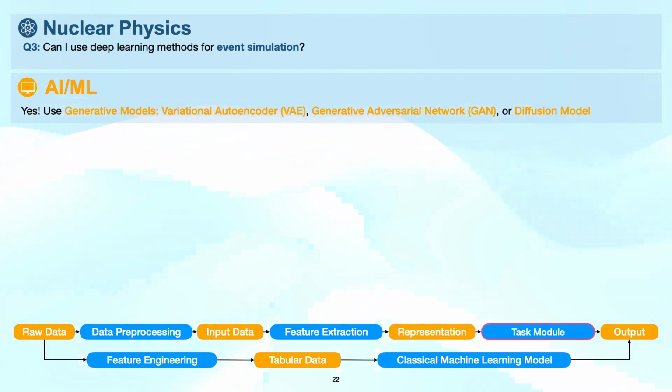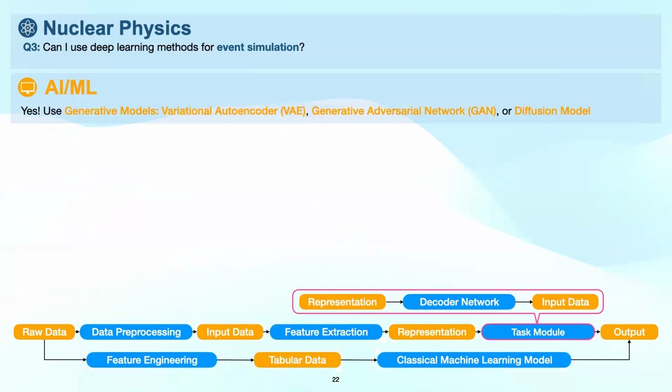But if we want to do event generation, we want to do something kind of reverse, right? We want to start from a low dimensional representation of our data. For example, we want to start from the energy of the event, the nature of the event, like is it a neutron, is it an alpha particle or something, and we want to feed it through what we call the decoder network, and produce the waveform or the spatial temporal data or whatever data your detector is actually producing.